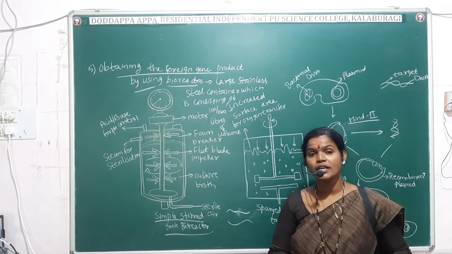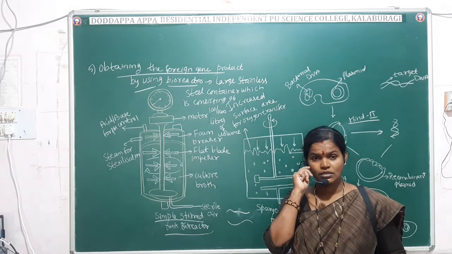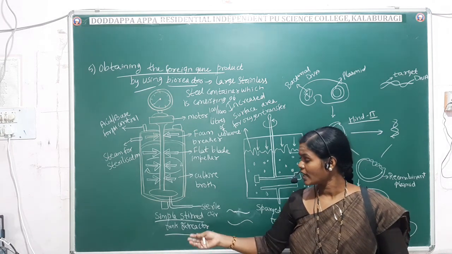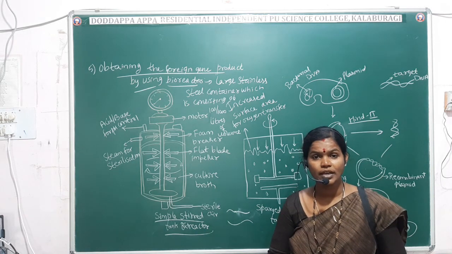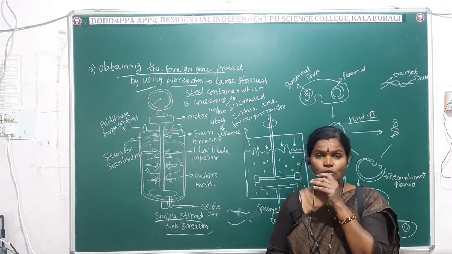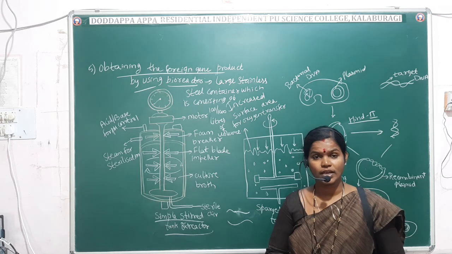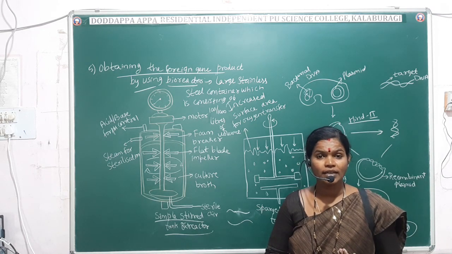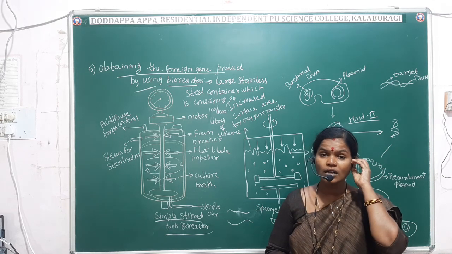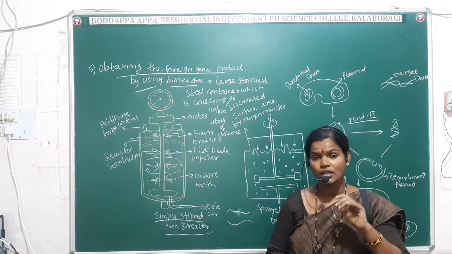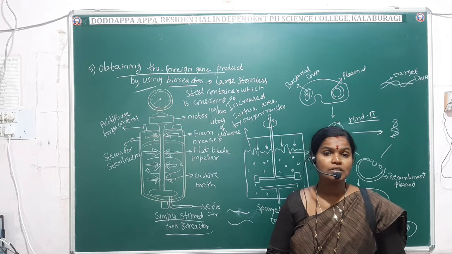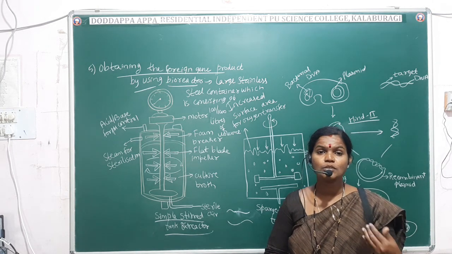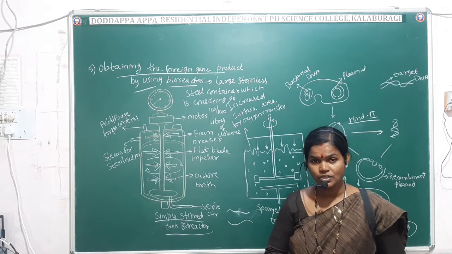These bioreactors are of two types: one is called the simple stirred tank bioreactor, and the other is the sparged stirred tank bioreactor. Usually, the simple stirred tank bioreactor is utilized in large scale industries, and the sparged stirred tank bioreactor in small scale industries.